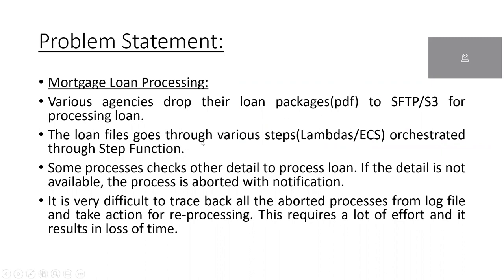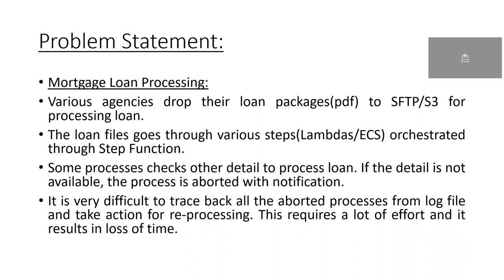So what is the problem? The problem is basically in processing the loan. The loan goes through various steps, as I said, Lambdas and ECS processes. And there are some stages where the loan has to refer to some information apart from what it is doing. So the API calls are made to get the information, and sometimes the information is not available.